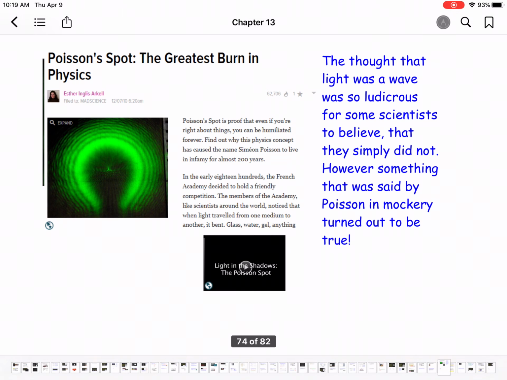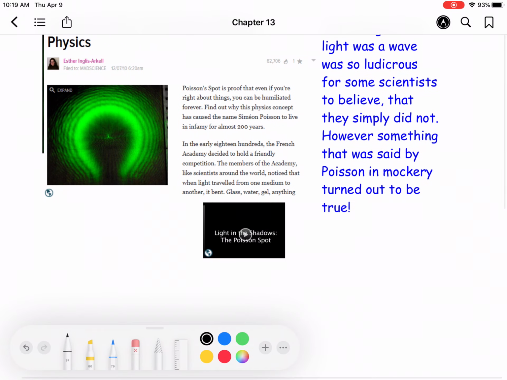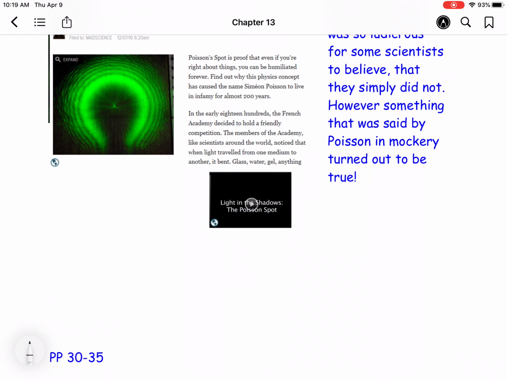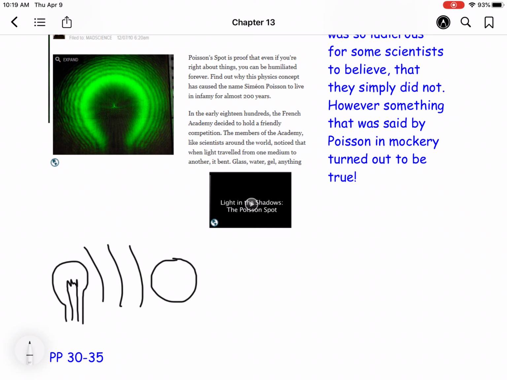And so by saying that's ridiculous, he then said, well, if light's a wave, then if you took a beam of light, so you took a light bulb, and then you put a perfectly spherical object, and you sent waves at it from that light bulb, well, when the waves hit, you would have diffraction, and you would get this.